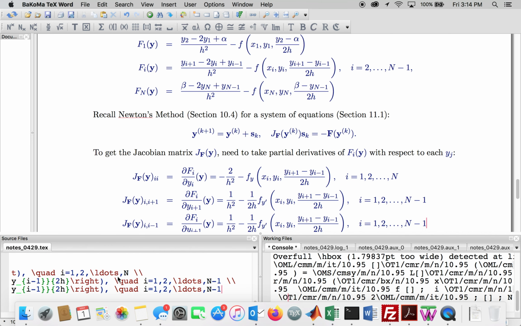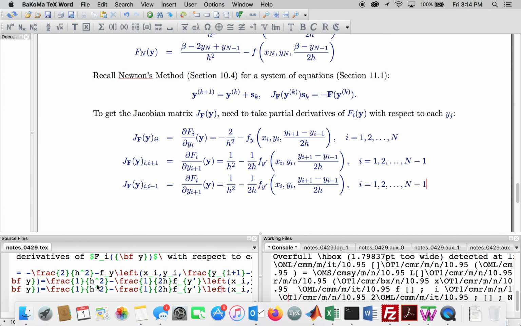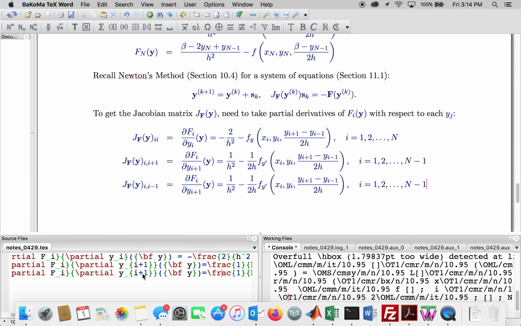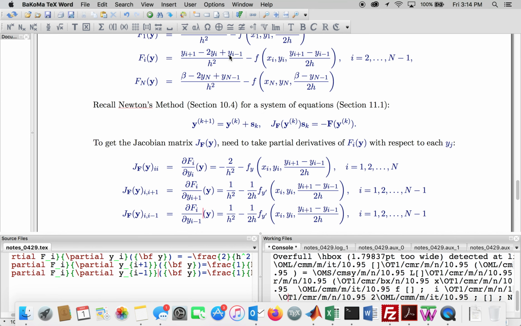Okay. So it's a derivative with respect to yi minus 1. And if we look here, derivative with respect to yi minus 1, again, is multiplied by 1 over h squared, so this term does not change.